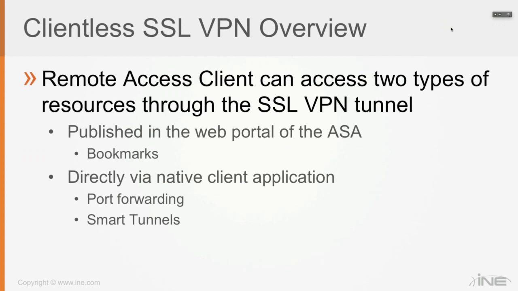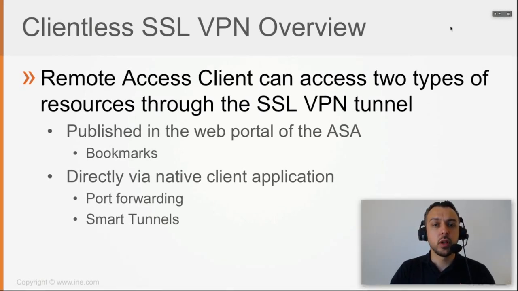Now, through the portal, to the clientless SSL VPN tunnel, users can access two types of resources. Either published in a portal, those are going to be known as bookmarks, or directly via a native client application installed on the client's PC. So either we're going to publish bookmarks in the portal, or the remote user can use a client application on its PC, like for example the Outlook client.